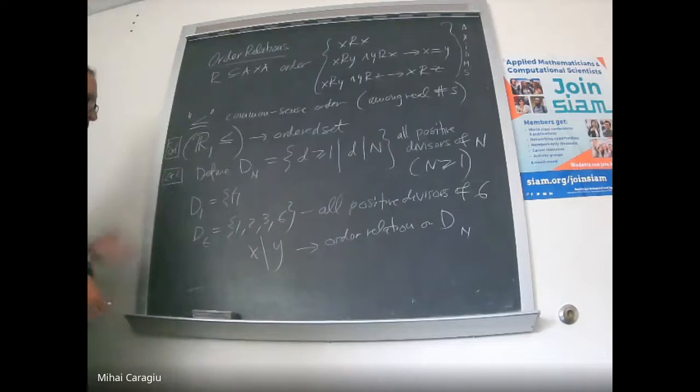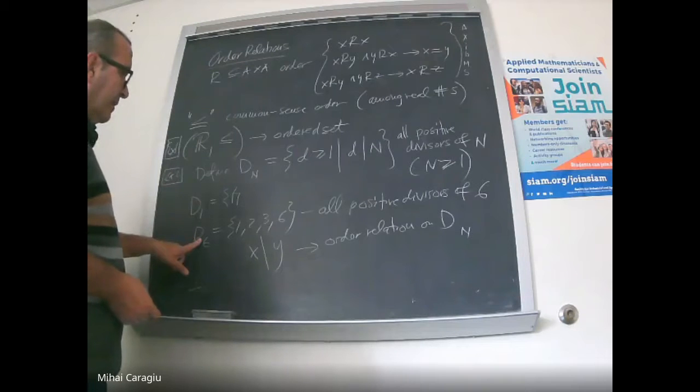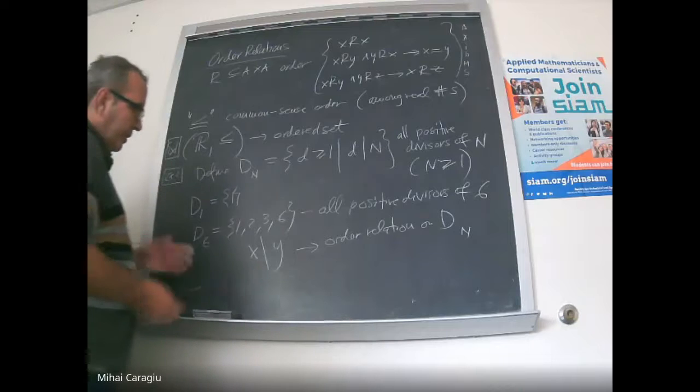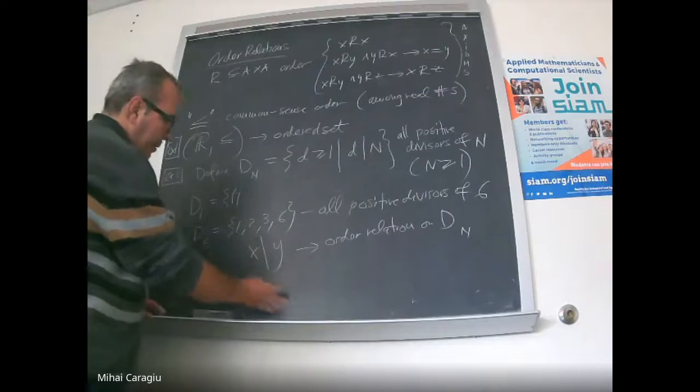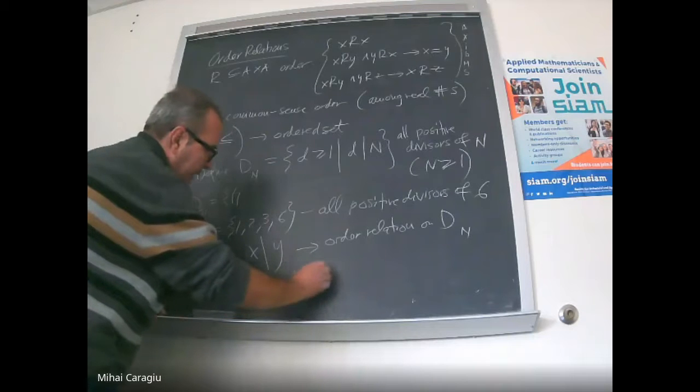Why? Because look at this D6. We can find two elements in D6, namely 2 and 3, which are not comparable according to the divisibility order.